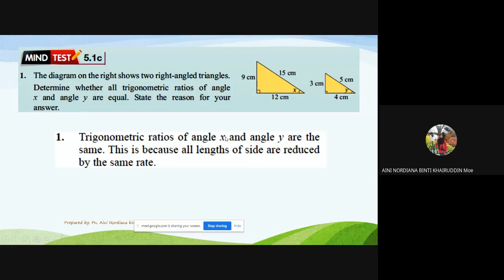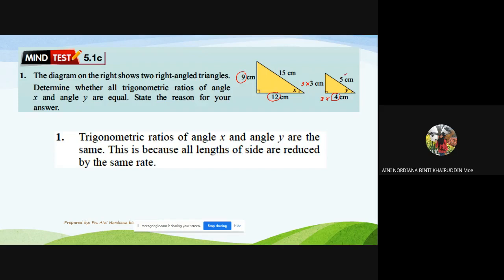Trigonometric ratios of angle x and y are the same. This is because all lengths of sides are reduced by the same rate. Here is 4 cm, here is 12 cm. So if you times 3 here, you'll get 12. 3 cm here, if you times 3, you'll get 9.